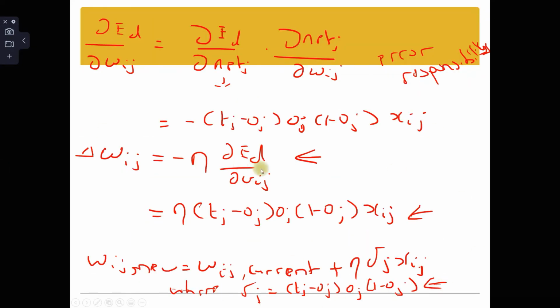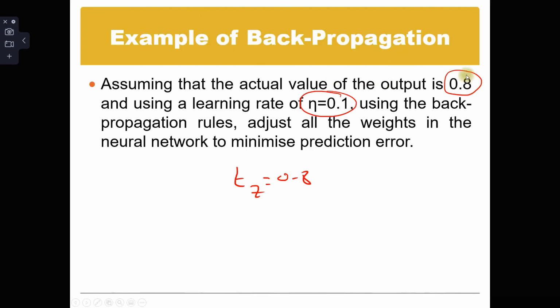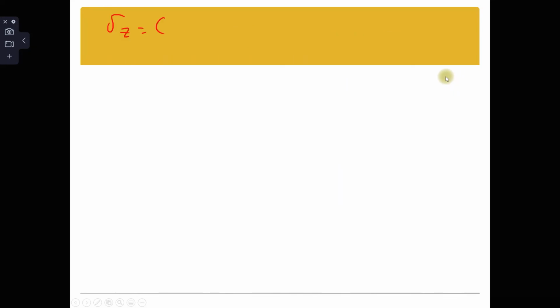So tz is what? So delta z is equal to tz minus oz. What is tz? Tz is the one that you expect, that is the true value that you have in your data set, which is 0.8, minus what you have computed. What did you obtain as a computed z value?